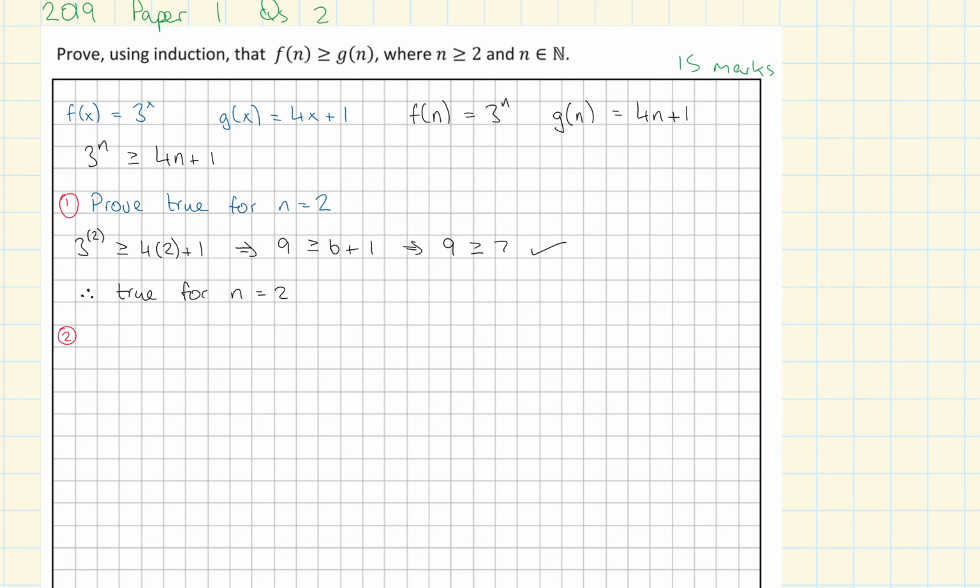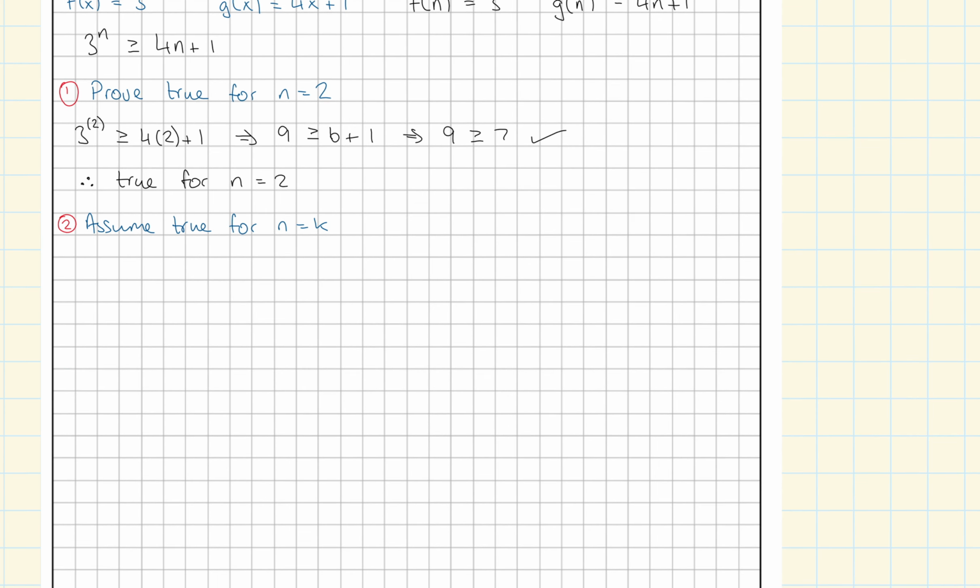Then our second step, we're going to assume true for n equals k. So that gives me 3 to the power of k greater than or equal to 4k plus 1. Sorry, I'm a step ahead of myself.